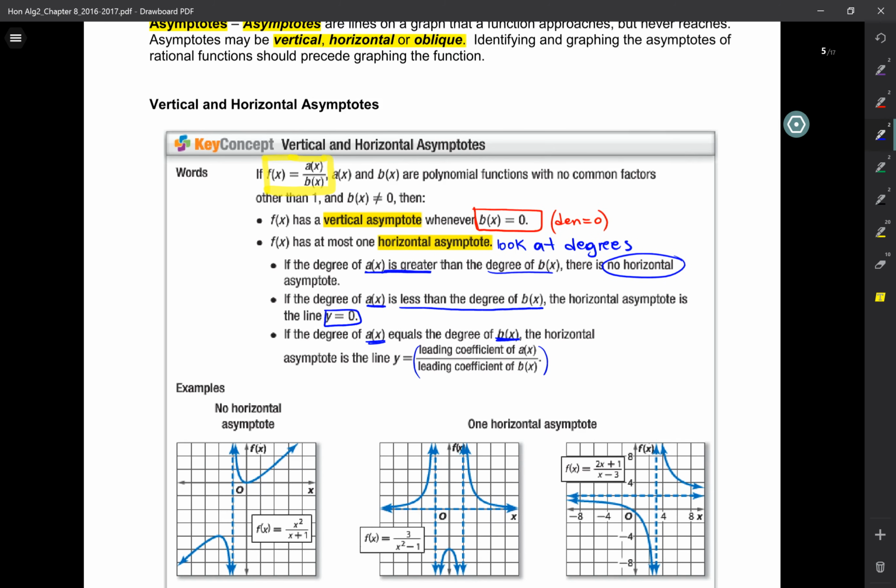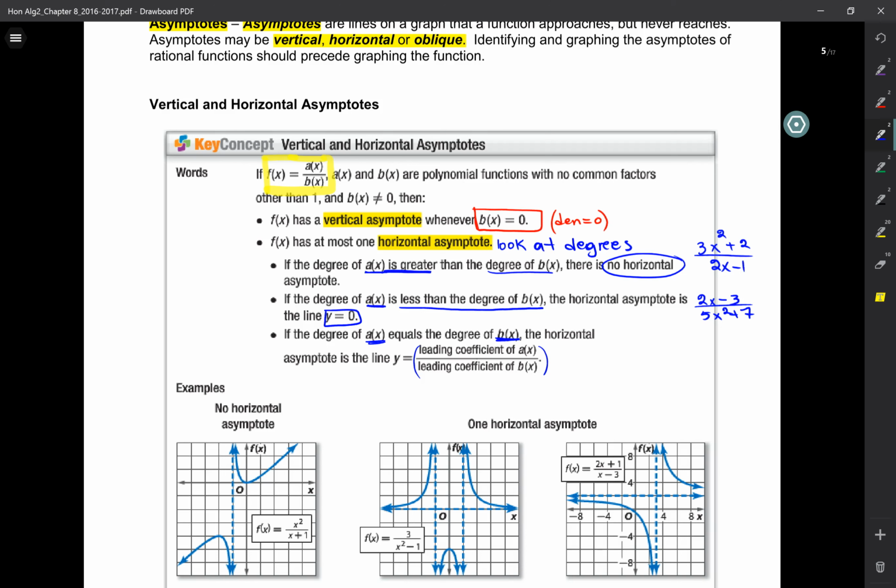Okay? What do I mean by that? So let's take a look at the first one. The degree of the numerator is greater than the degree of the denominator. So suppose I have 3x squared plus 2 over 2x minus 1. You see how the degree of the top is higher? That means no horizontal asymptote. Now, what if the degree of the bottom one is higher? What if you have 2x minus 3 over 5x squared plus 7. What would the horizontal asymptote be?